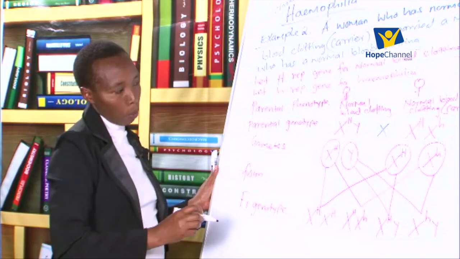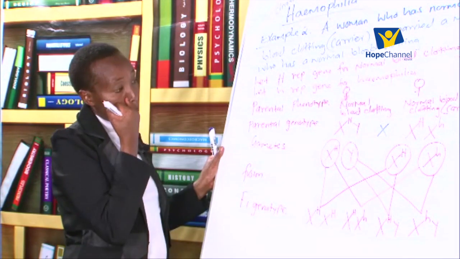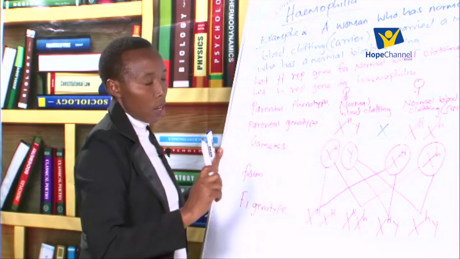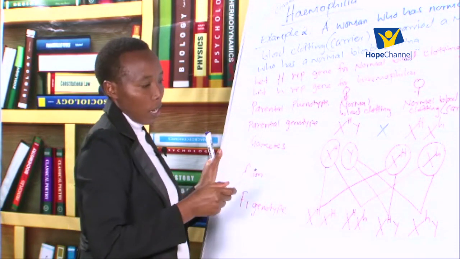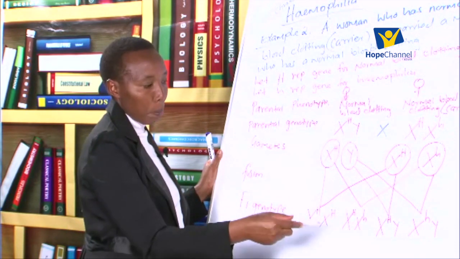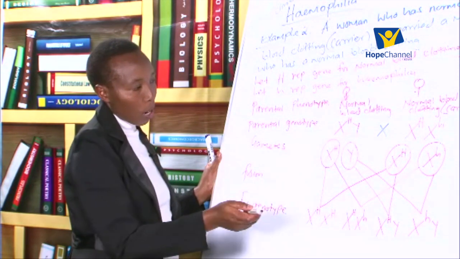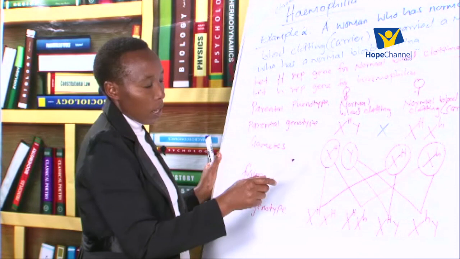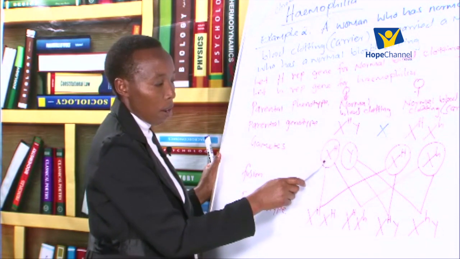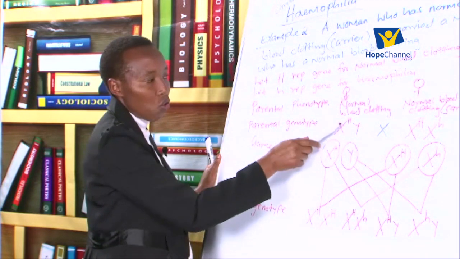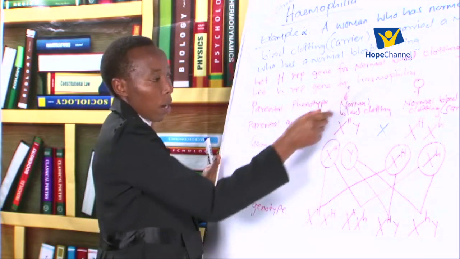If you are following keenly, remember we said both of them are very normal. But there is something that is happening in their offspring. The girls, of course, all get the X from the father. Remember, the father has a dominant gene for normal blood clotting.